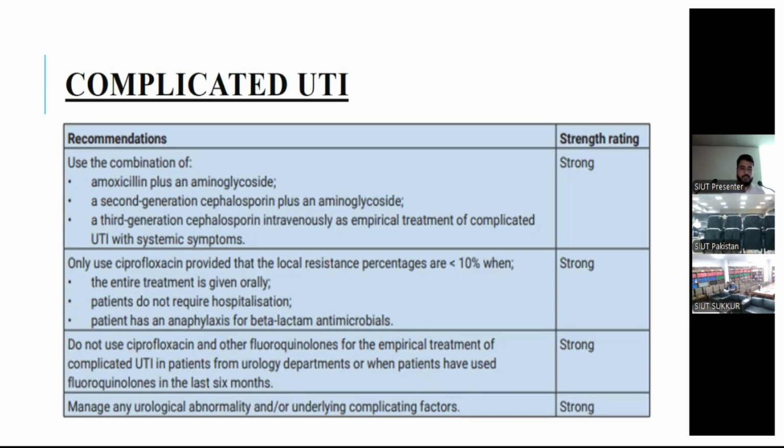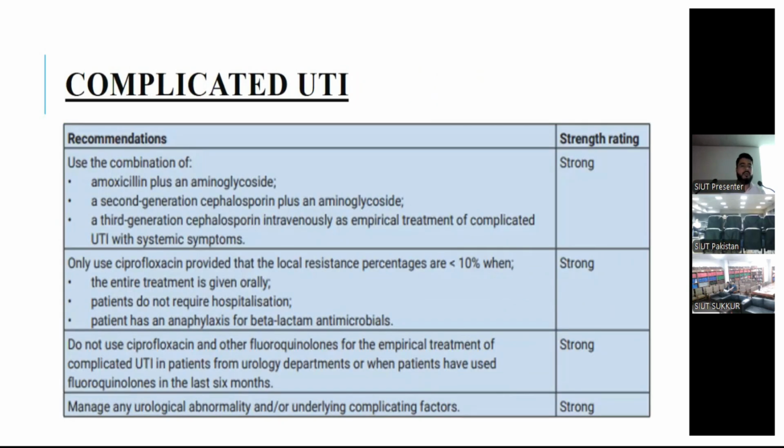Ciprofloxacin can only be used when the entire treatment is given orally, the patient does not require hospitalization, and the patient has anaphylaxis to beta-lactam antimicrobials. Do not use ciprofloxacin and other fluoroquinolones when the patient has used them in the last 6 months, and manage any urological abnormality or underlying complicating factors along with the use of antimicrobials.